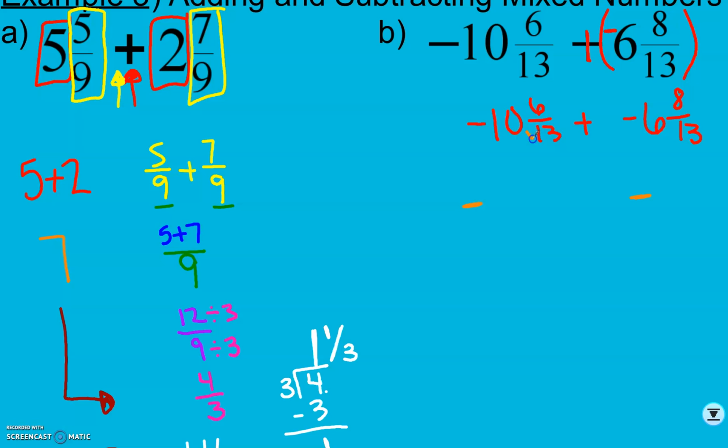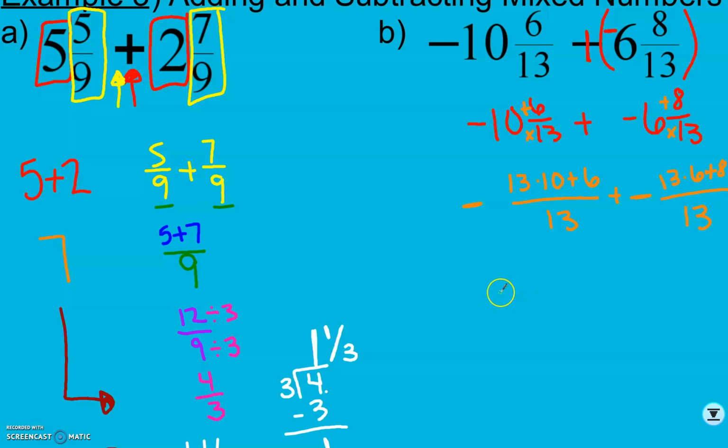I'm going to take 13 times 10 plus 6 over my denominator. Here, since I already have my negative there, and we are adding, I'm going to take 13 times 6 plus 8 over that common denominator.